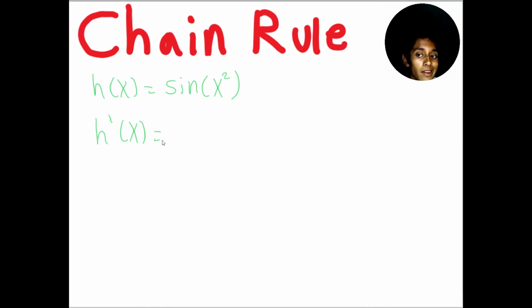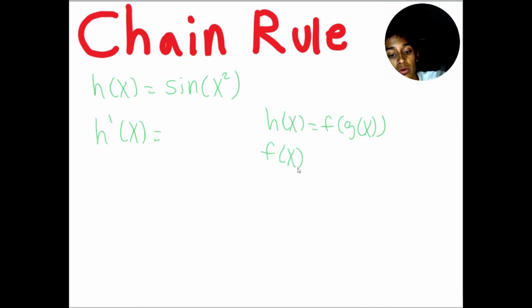Well, let's first analyze this as a composition function of the form h of x is equal to f of g of x. So what would f of x be? Well, we've already done this example. F of x is equal to sine of x, and g of x is equal to x squared.